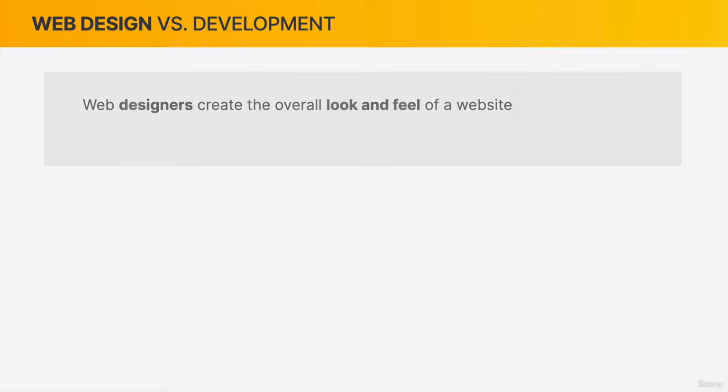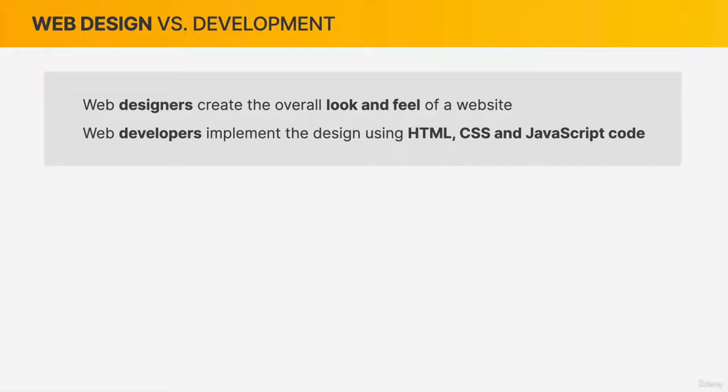So, first of all, we need to distinguish between web design and web development. Basically, web designers are who create the overall look and feel of websites, while on the other hand, web developers are the ones who then implement the design using HTML, CSS, and JavaScript code.